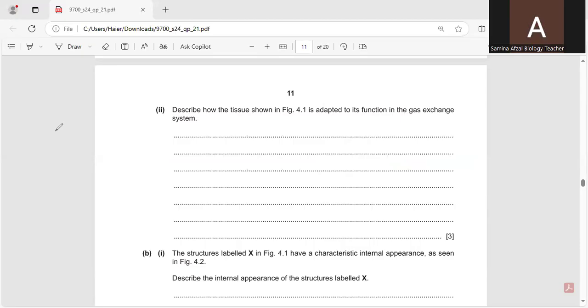Here you can see the ciliated epithelial cells. Ciliated epithelial cells will move mucus by their movement in the upward direction.